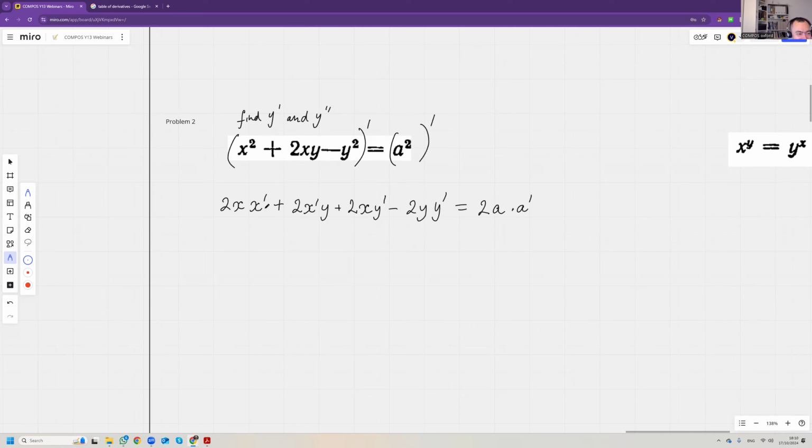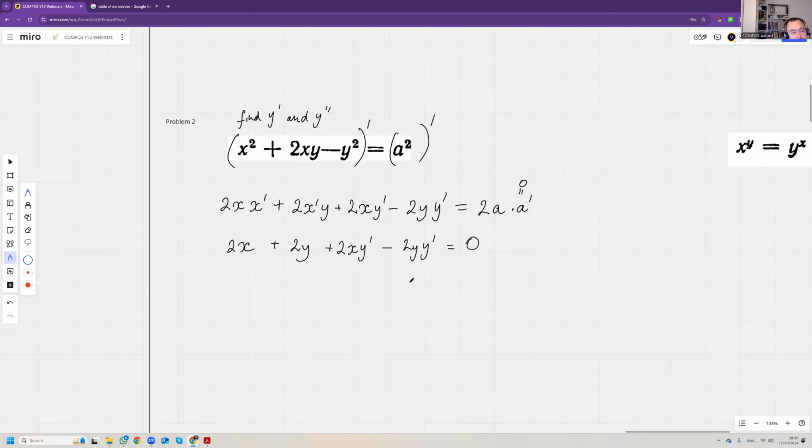Okay, so x prime, so that's 2x plus x prime is 1, so that's 2y. 2xy prime plus 2xy prime minus 2y prime equals, well, that's equal to 0, of course, because a is a constant, and the derivative of a constant is 0.